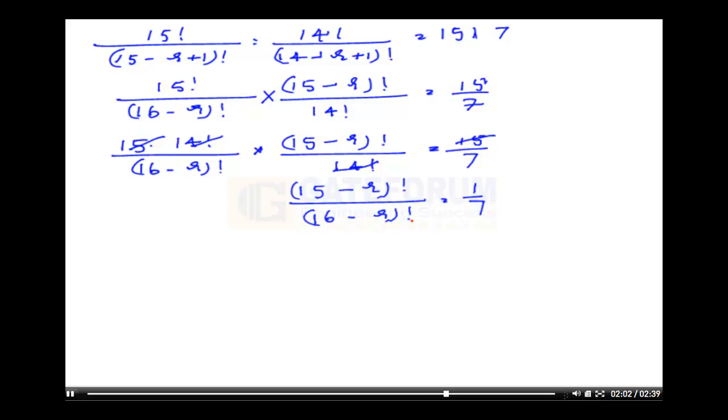Taking the value for r as 9, we get 15 minus 9 is 6 factorial by 16 minus 9, 7 factorial equal to 1 by 7. Therefore r equivalent to 9 is the required answer.